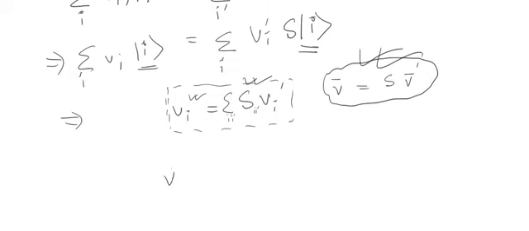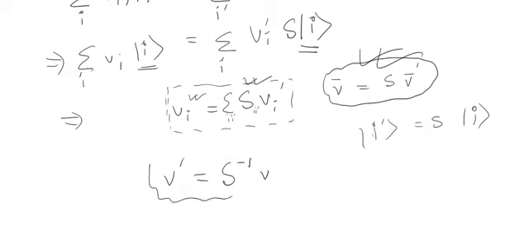So you can see that the components v prime will be actually related to S inverse first and then a v. So the components transform in the opposite way the basis vectors transform, because the basis vectors transformed in a manner like this, and the components are using the S inverse, assuming it exists.